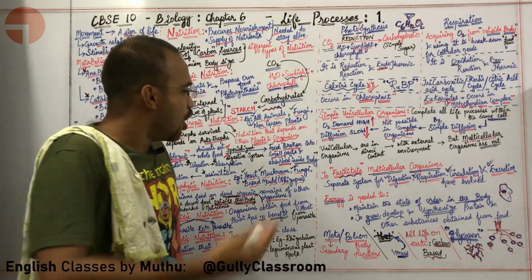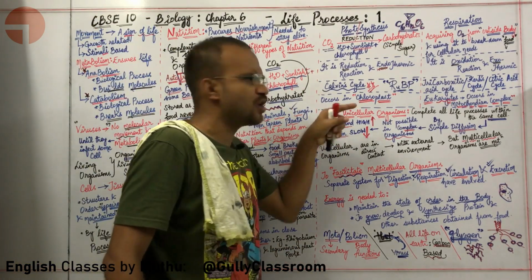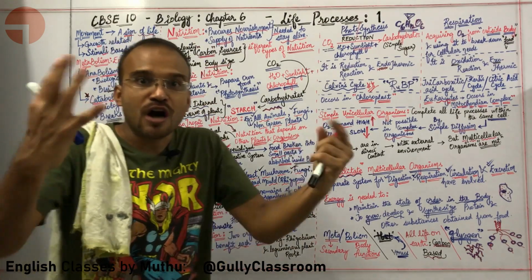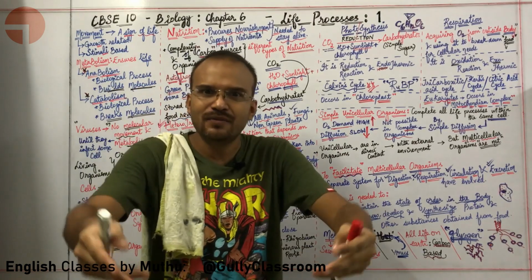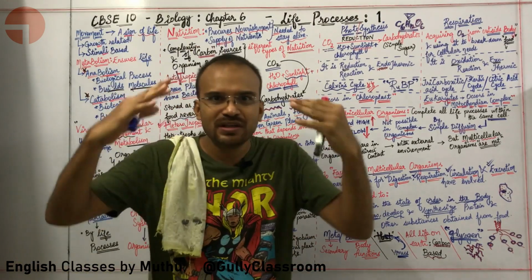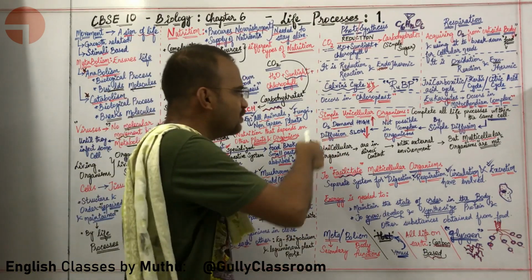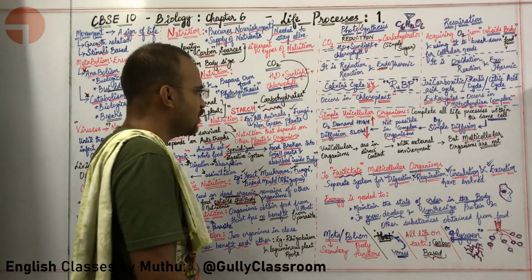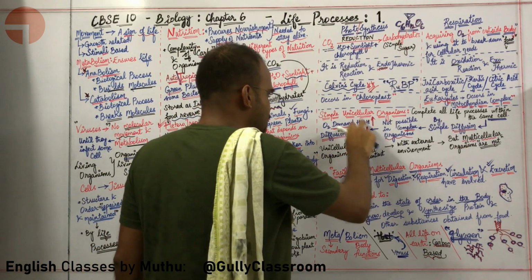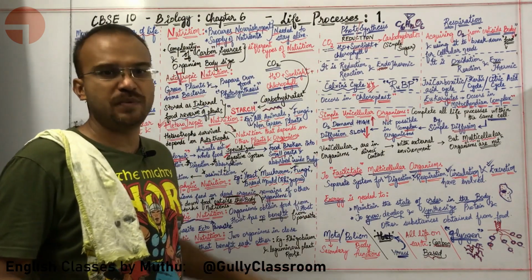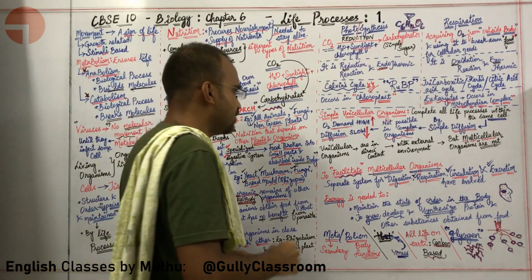All these systems need so much oxygen. Right now, oxygen is burning the food in each and every part of my body and giving me energy. So oxygen demand in multicellular organisms is very high and the diffusion speed is very low.